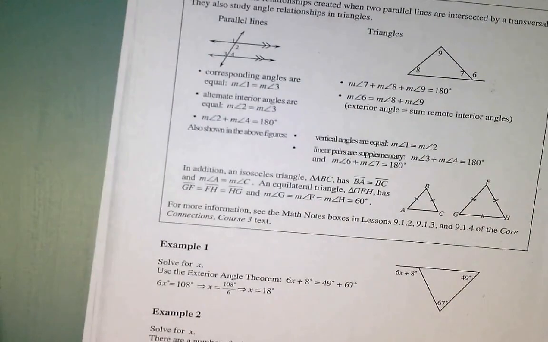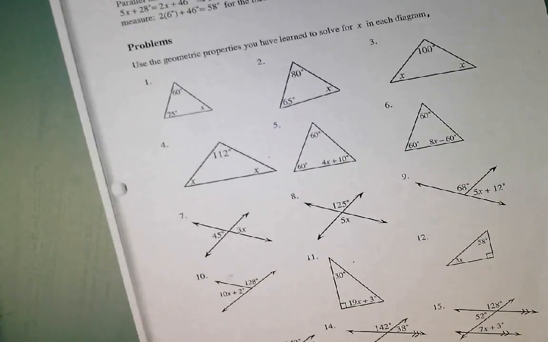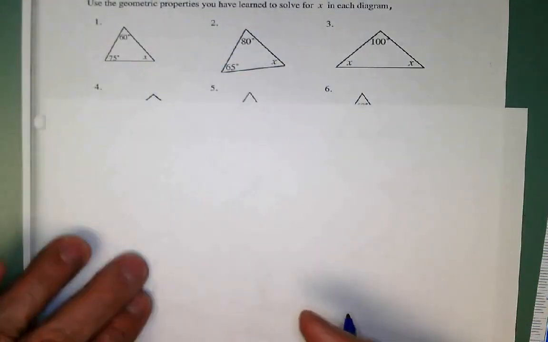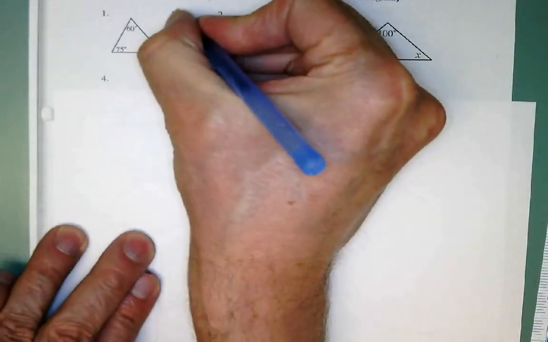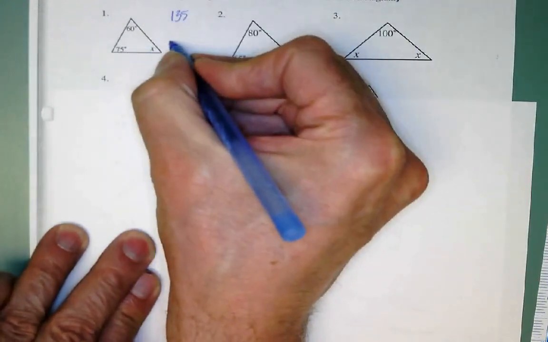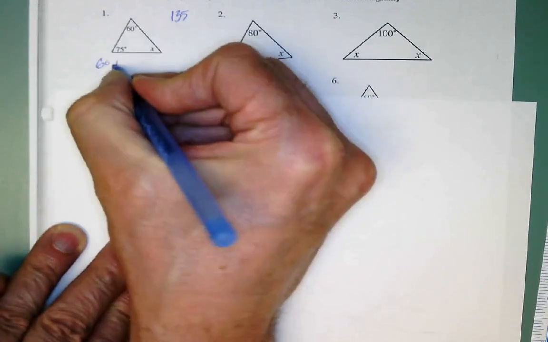After you know that, then it's algebra, right? So they're really throwing a lot at you on this one, I agree, okay? So the next part is going to be algebra. So if I look at that first problem, 60 plus 75 is 135. 60 plus 75 plus x is the algebra problem.